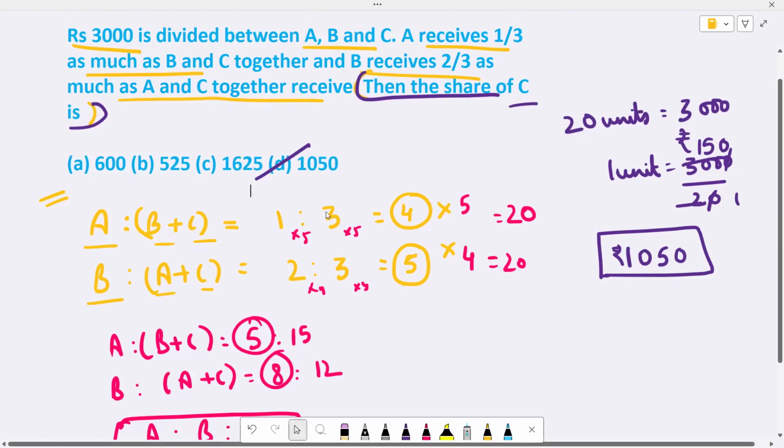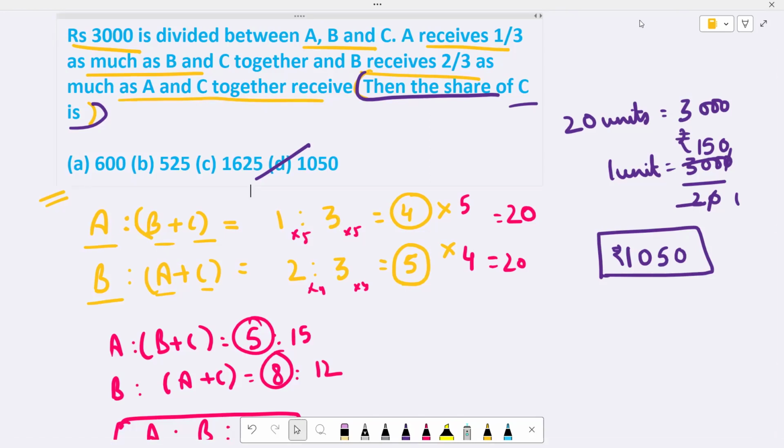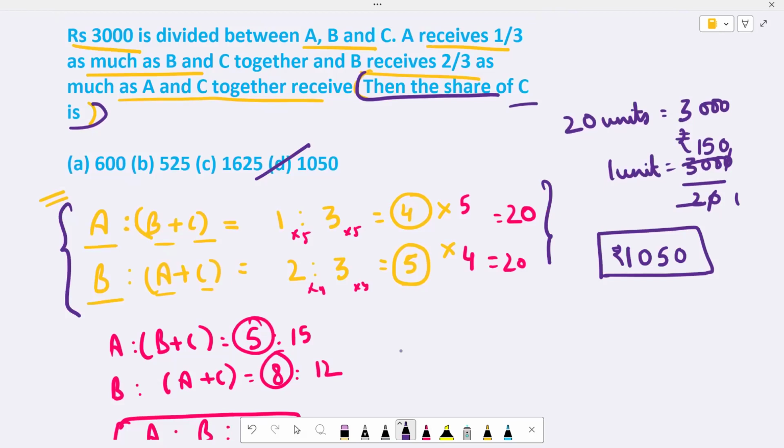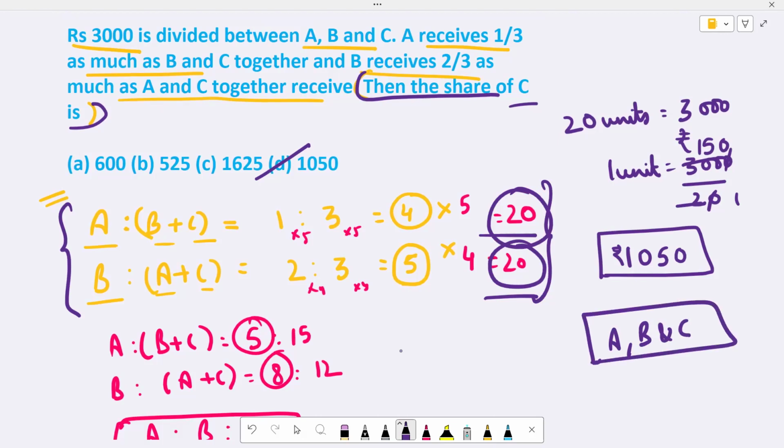Similarly, this question also we can try doing by the variable method, like the substitution method, but it might go wrong in between, and it is also lengthier. So we can stick to this particular method only. And this particular part, how we are making it equal, it is very important to understand the reason. Since, as I mentioned in the previous video, the work that A, B, and C do, or the amount that they earn, will always remain the same.